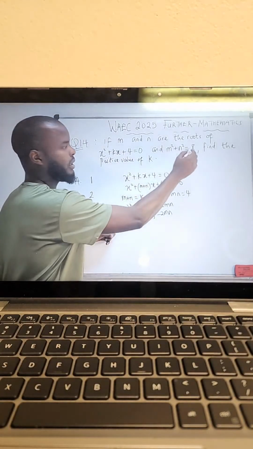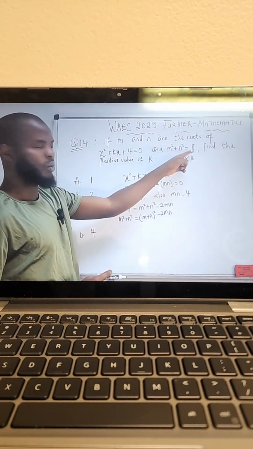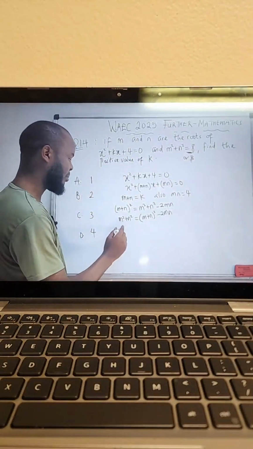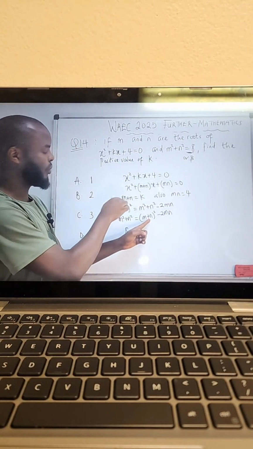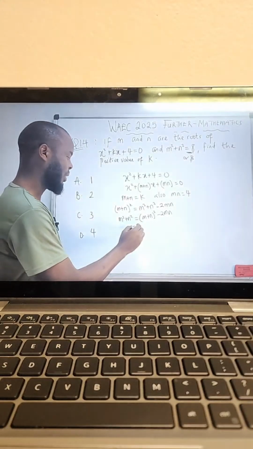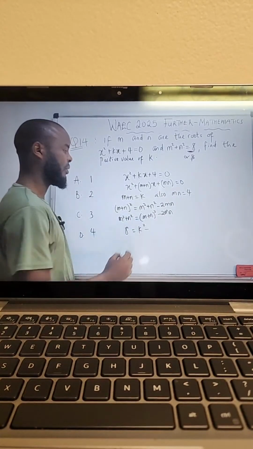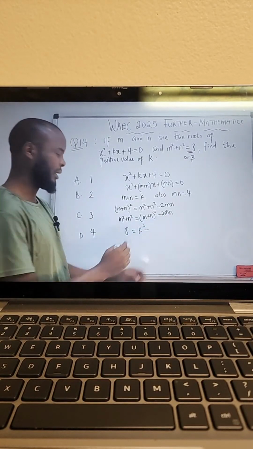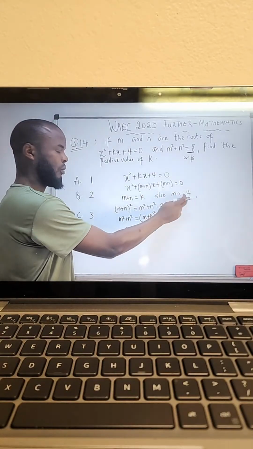And here we've been given this condition that m squared plus n squared is 8. So we can plug in this as 8. M plus n, we've gotten that to be k. So we have k squared minus 2mn. 2, what is mn? 4.